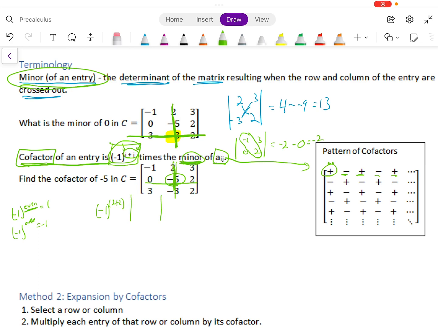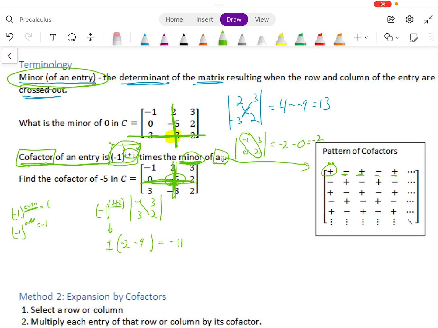Well, remember from above, the minor is when you cross out the row and the column and you have a matrix left over. And so -1 to an even power is just 1 times the determinant of this. That's -2 minus 9, which is 1 times -11, so it's -11.